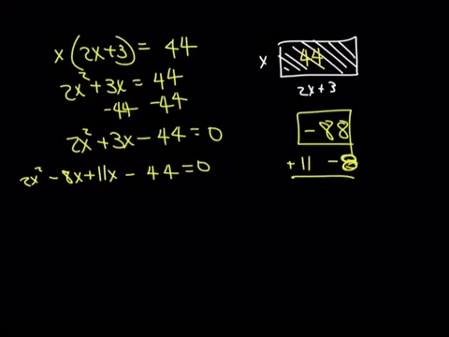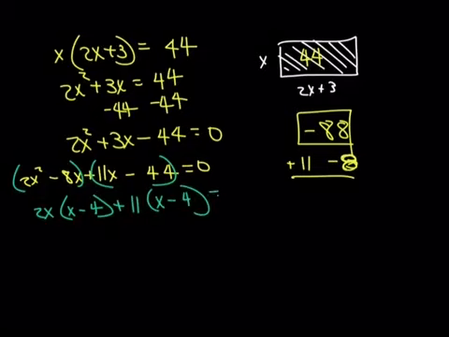Okay, so let's go ahead and group. I'm going to pull out a 2x, and I'm left with an x minus 4, plus factor out an 11, and get x minus 4, and those are the same, which is exactly what we want.